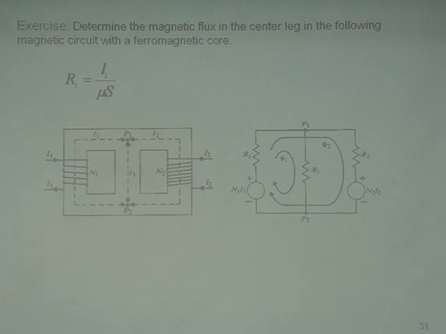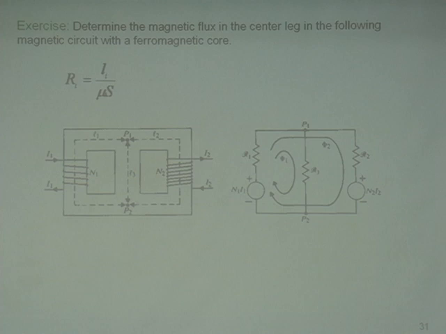And R equals L divided by the permeability multiplied with the cross-sectional area. So this is a one-to-one substitution. So you can create this circuit. In this circuit, this is the voltage source, these are the resistors, and phi 1 and phi 2 are the currents, so you can solve it, right?